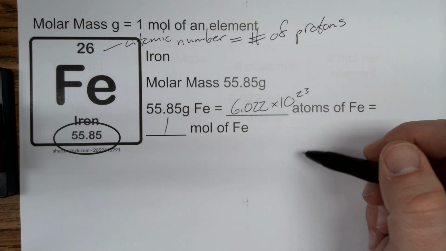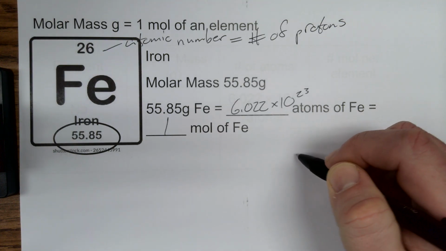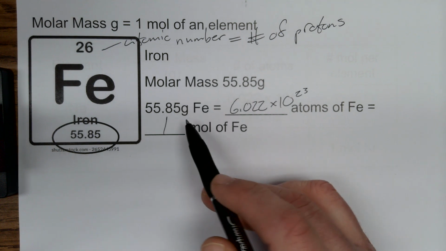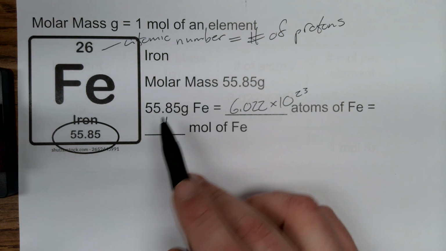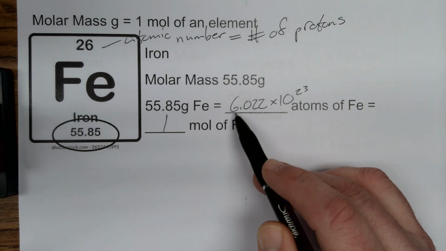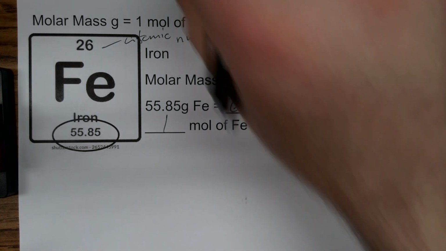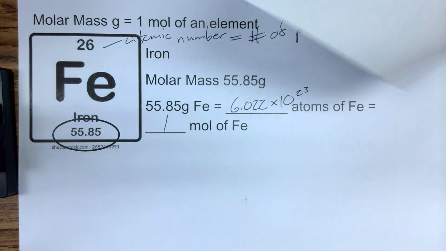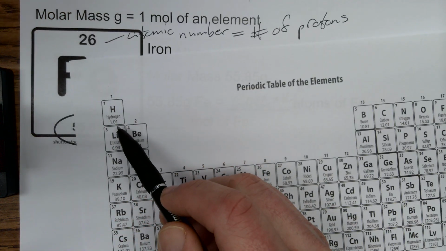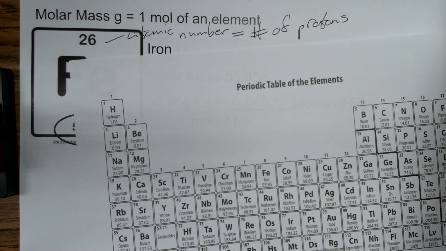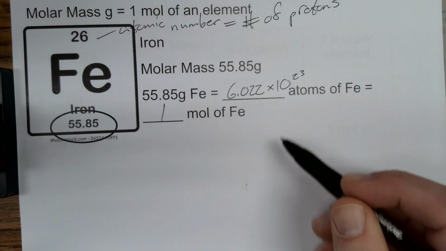6.022 times 10 to the 23 is my dozen for atoms. And I can look at my periodic table and figure out how many grams I need of an element to get 6.022 times 10 to the 23 atoms. If I looked at hydrogen, I need 1.01 grams of hydrogen to get 6.022 times 10 to the 23 atoms.